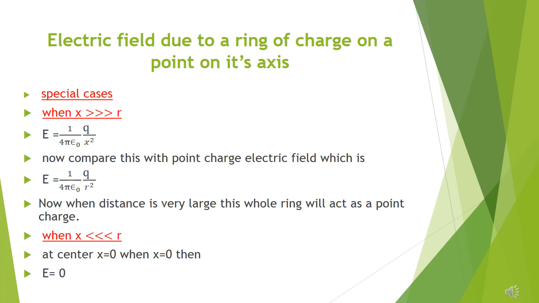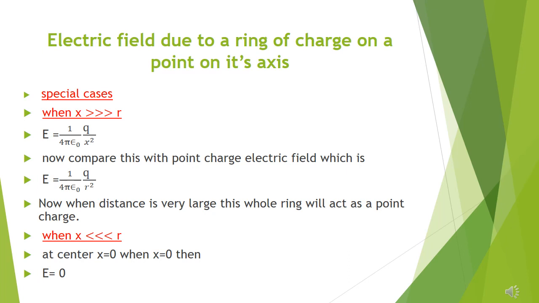Case number one is when the distance is much greater than the radius of the ring, then we can neglect the value of r from the equation and it becomes E equals 1 upon 4 pi epsilon naught q over x square. So we have seen that when the distance is very large, this whole ring will act as a point charge.